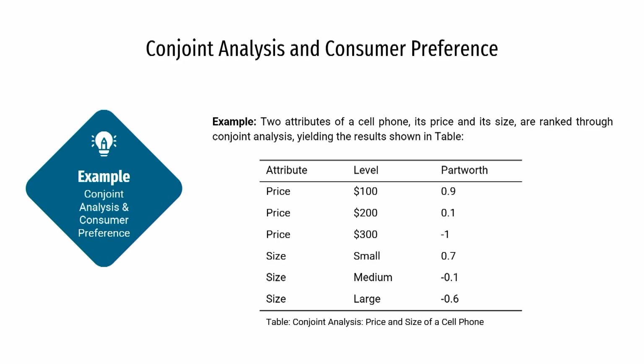So it is 0.1. Then price $300, I have a negative sentiment for this pricing point, right. Then similarly for size, if it is small 0.7, if it is medium minus 0.1, and if it is large it is minus 0.6, right.